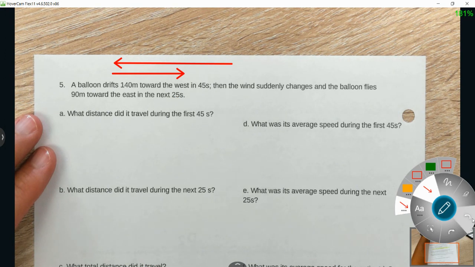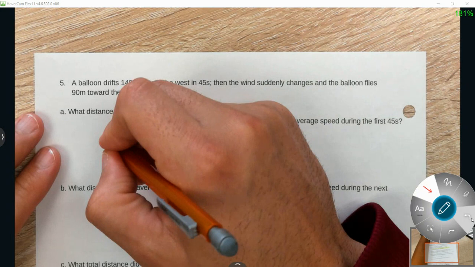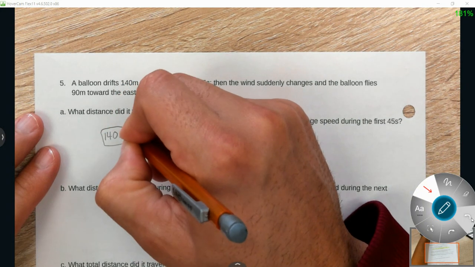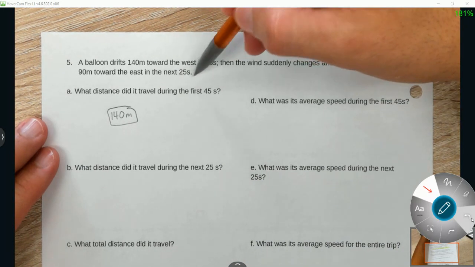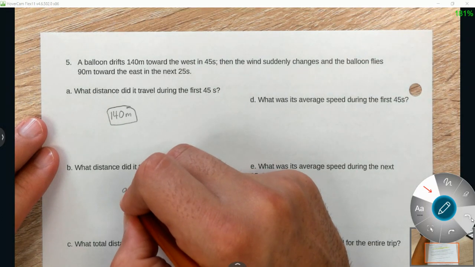So, how far did it travel in the first 45? 140. Now, distance doesn't need a direction, so it's just 140. How far did it travel during the next 25 seconds? Good, 90.